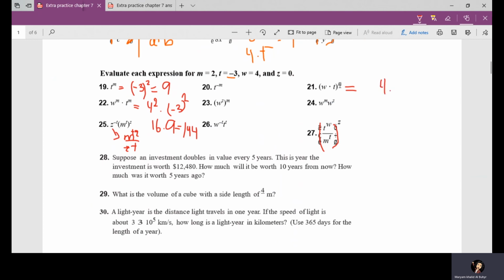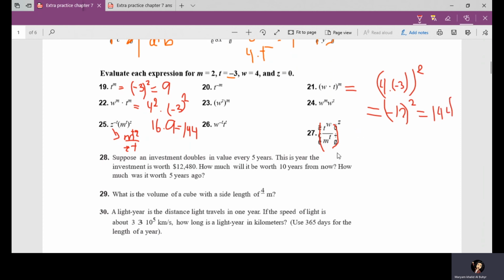If you notice that it's inside, t is -3, all this to the power m. M is 2. So that is equal to -12, all this to the power 2, which is equal to 144.